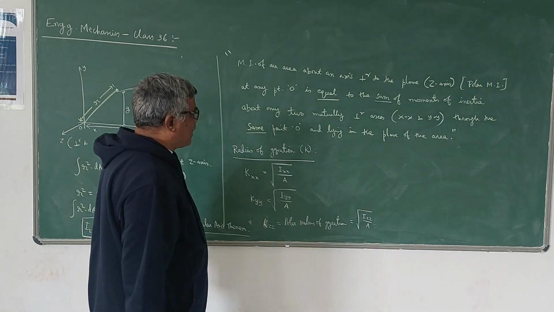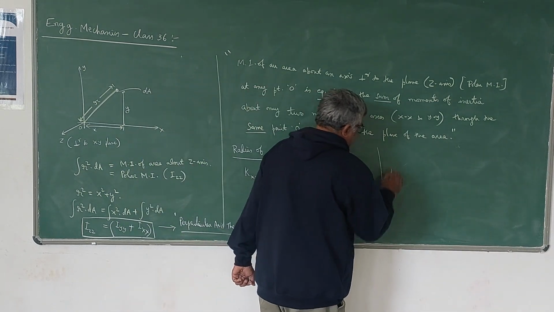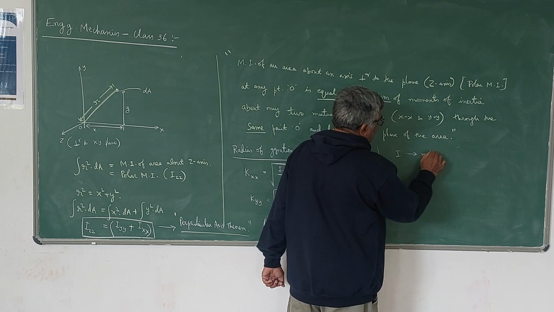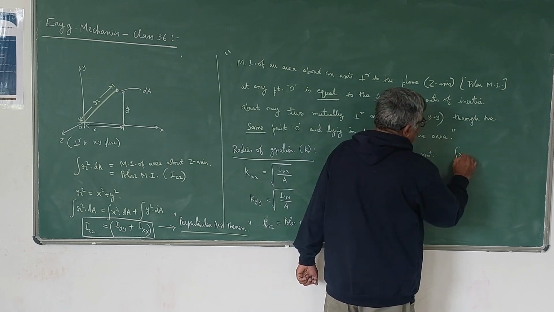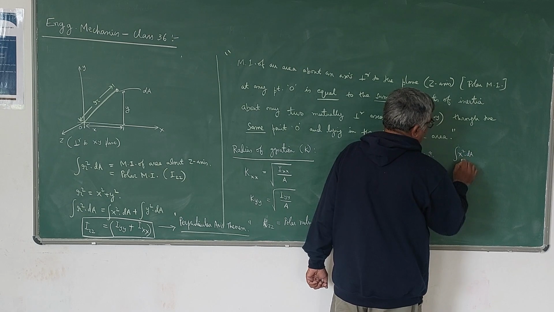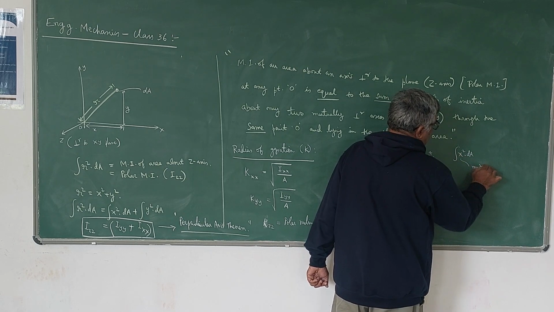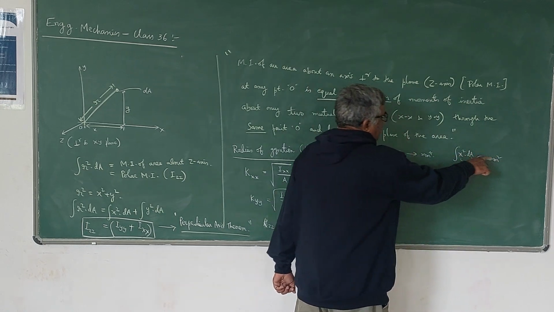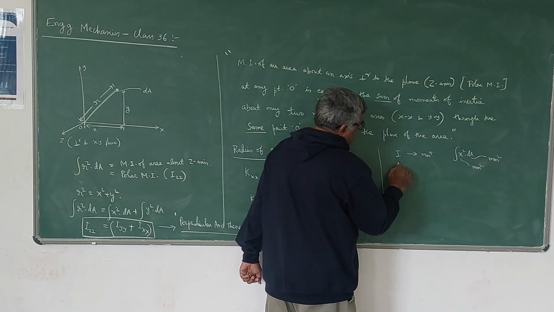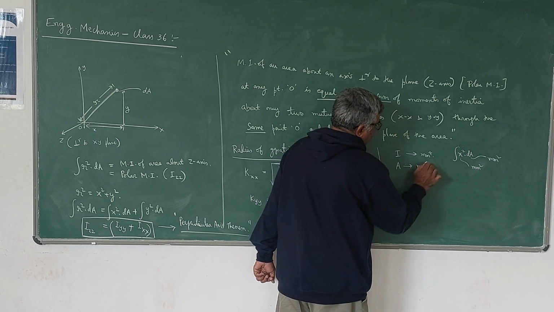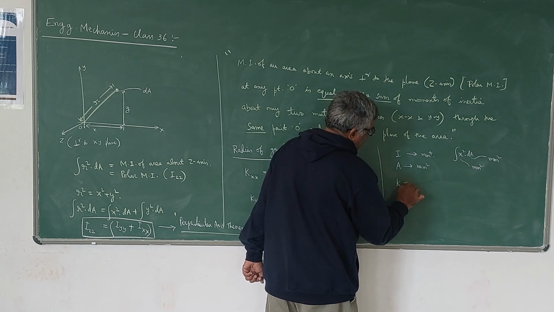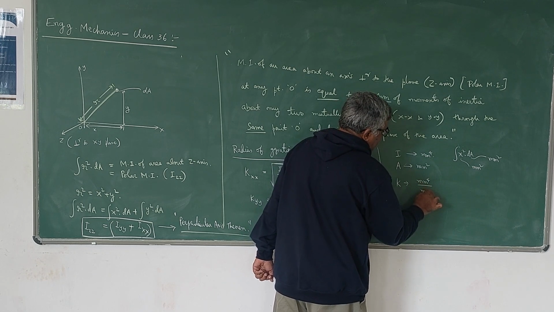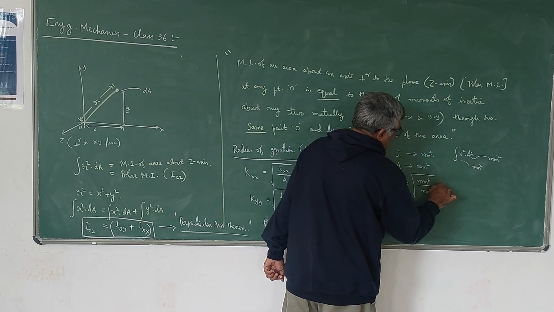So please note that I will write the units now, SI units. Moment of inertia is expressed in millimeter power 4, because you can see that it is either x square dA or y square dA. X square means it is millimeter square. Area means it is also millimeter square. So millimeter square multiplied by millimeter square is millimeter power 4. Therefore, k will be root of I by A, which means millimeter power 4 by millimeter square under root, which is millimeter.